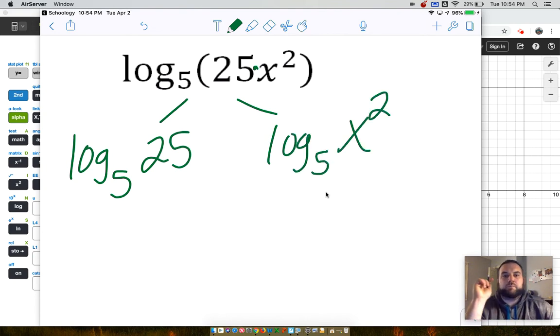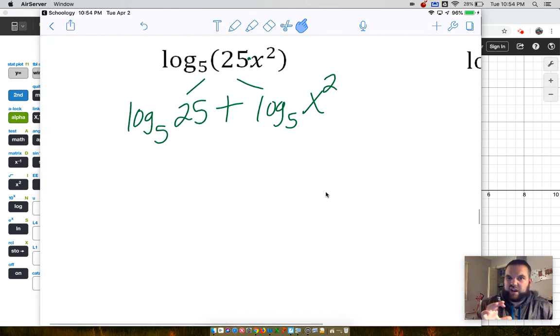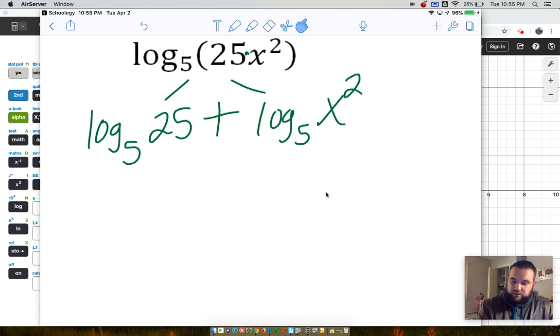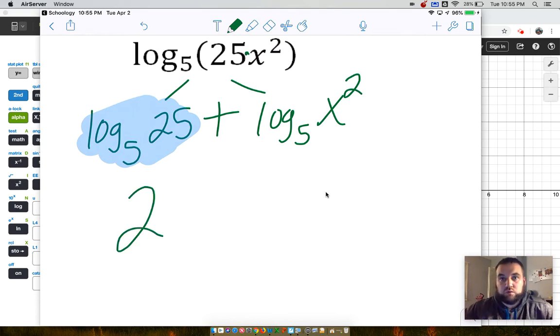Okay, because it was multiplication there, I'm going to go ahead and put a plus sign in the middle. I know it has to be addition because the 25 and the x squared were multiplied. And then I notice here that log base 5 of 25 is just equal to the number 2 because 5 squared gives me 25.